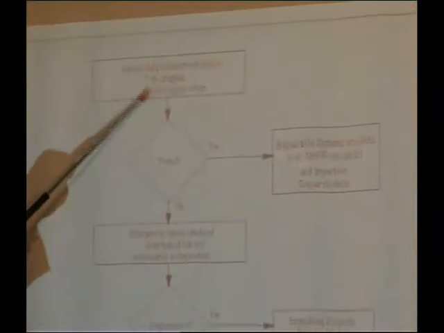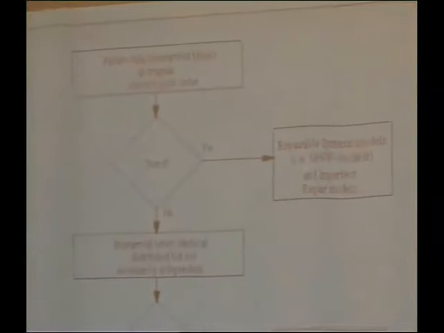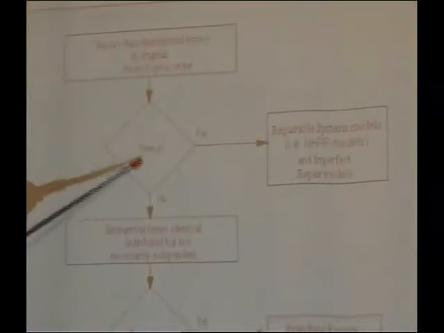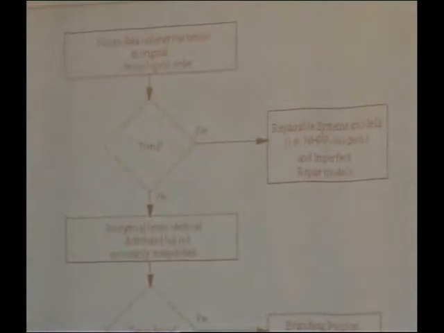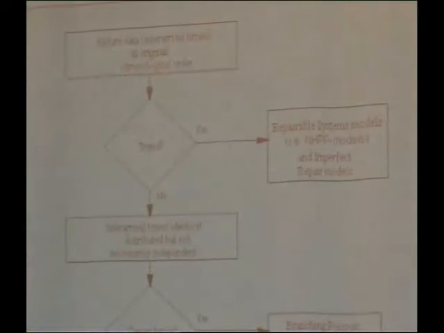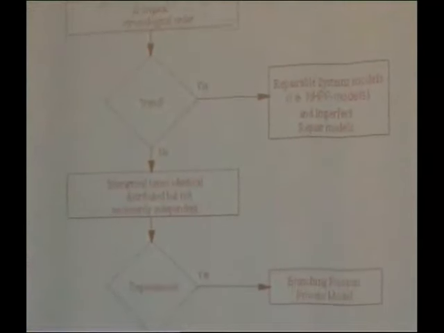We take our failure data, or our inter-arrival times, in the original chronological order, in the order in which it occurred, and then we test for trend using the Laplace trend test. If we find a trend, then we opt for the repairable systems models, because we then conclude that we have reliability degradation. You will see that we can also make use of imperfect repair models, which we have not looked at. So we will make use of the NHPP models.